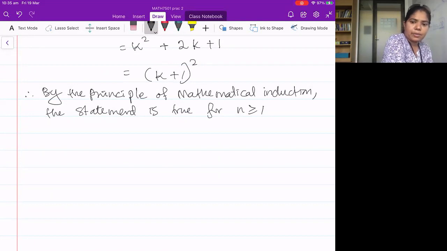Method 2. Method 2 is you can expand the sum, which is very easy.